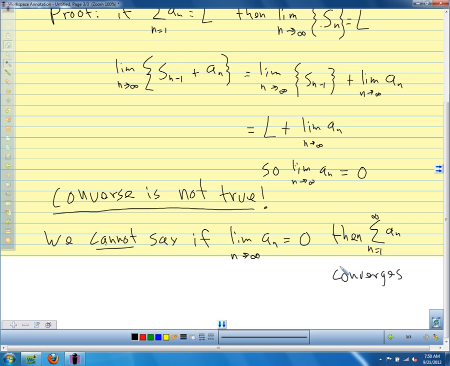That is not necessarily true. If it doesn't go to 0, it diverges, but if it does go to 0, we'll get to that in just a second, and that's kind of tied with what Chris said.